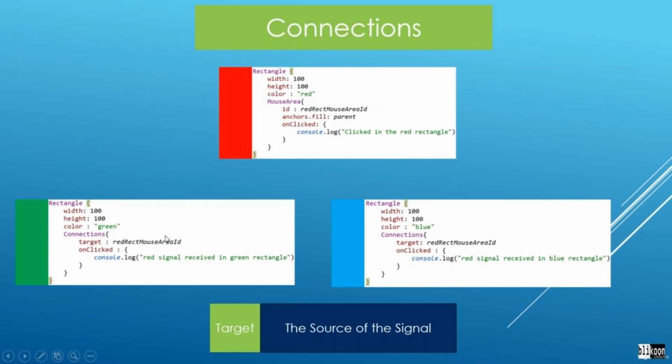Inside you define the target, which is going to be the source of your signal. And you say the name of the signal that you are responding to in this connections element. And you see that we are able to respond to clicks on the mouse area inside the red rectangle in the green and blue rectangle here.